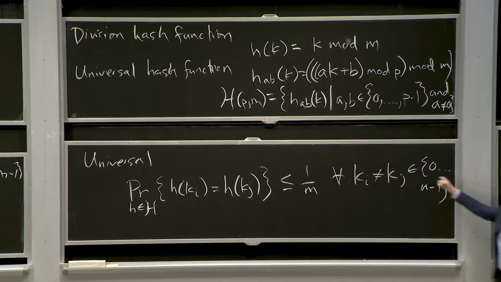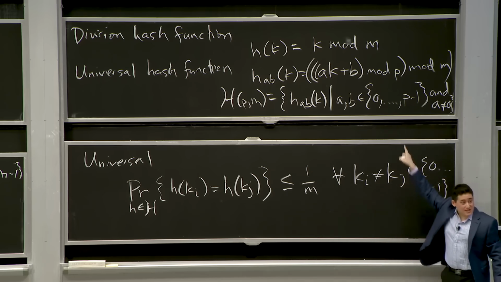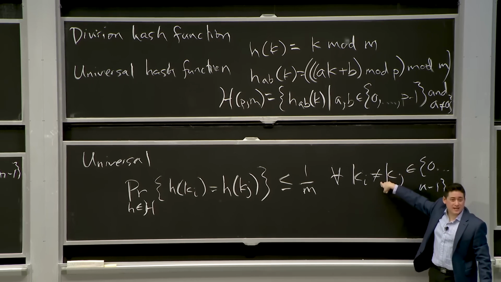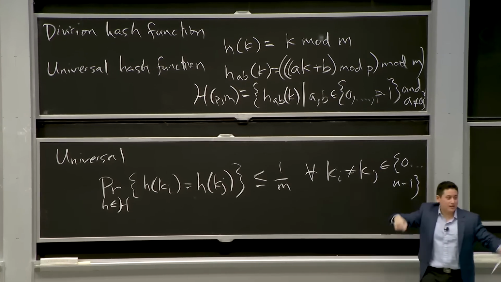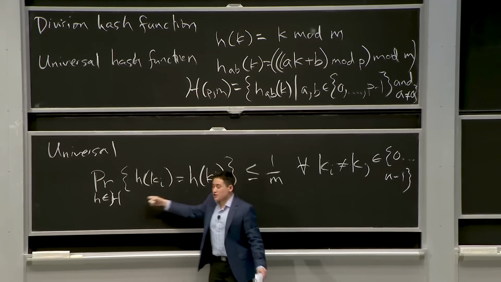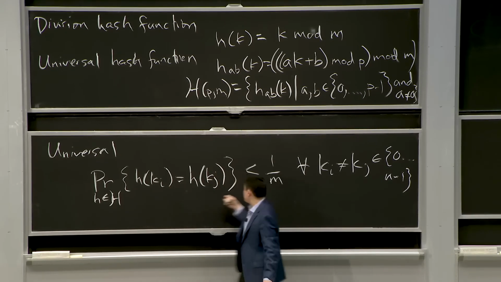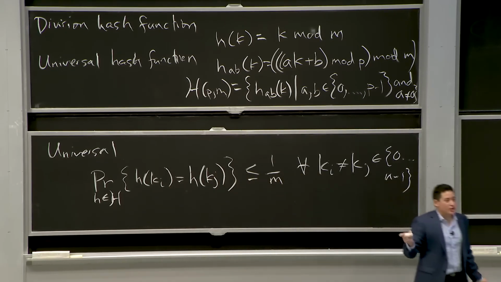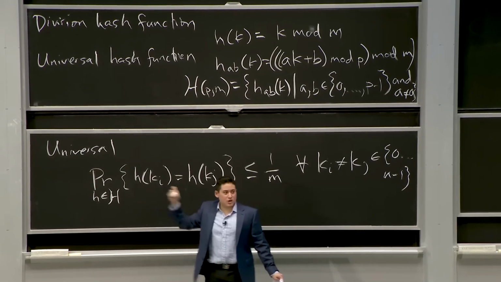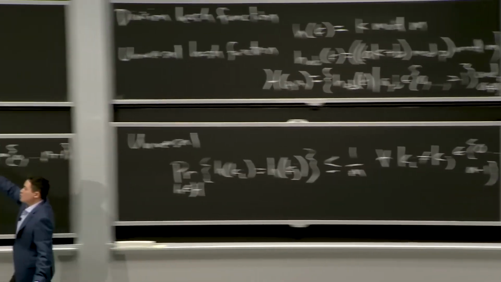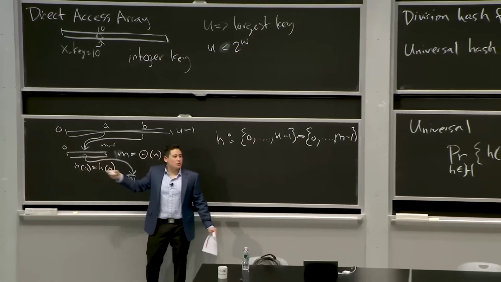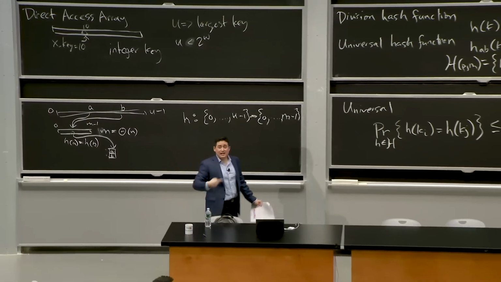Does that make sense? So if I randomly choose a hash function, the probability that these two keys collide is less than 1 over m. Why is that good? This is, in some sense, a measure of how well distributed these things are. I want these things to collide with only 1 over m probability so that it's not very likely for these things to collide.